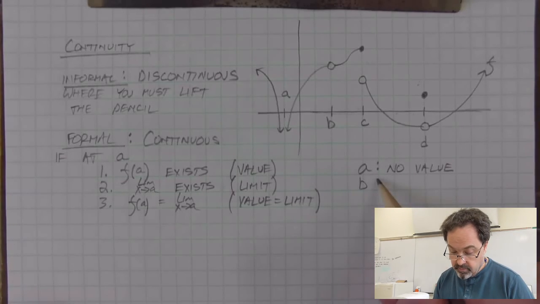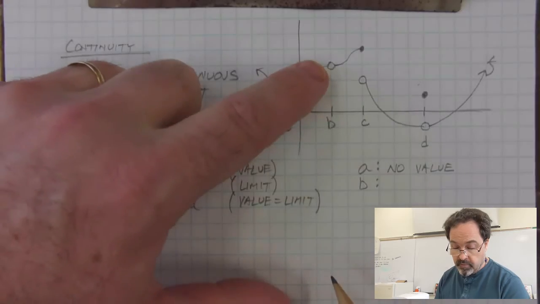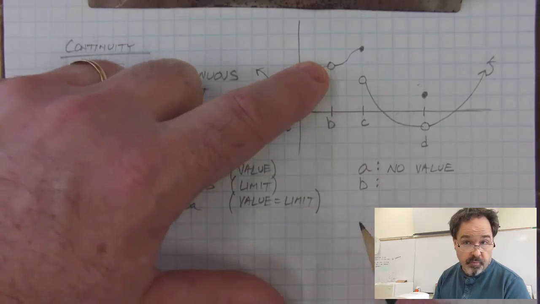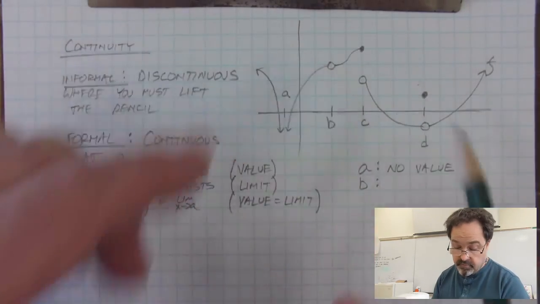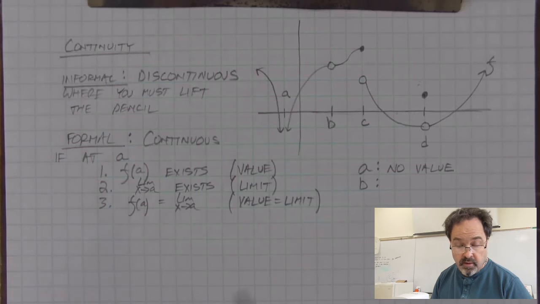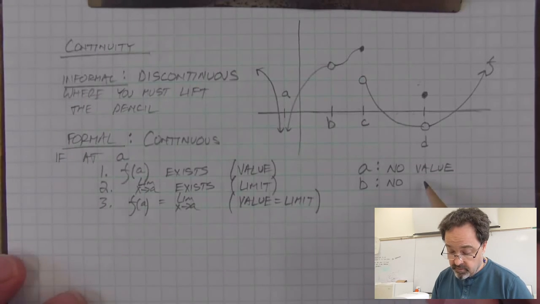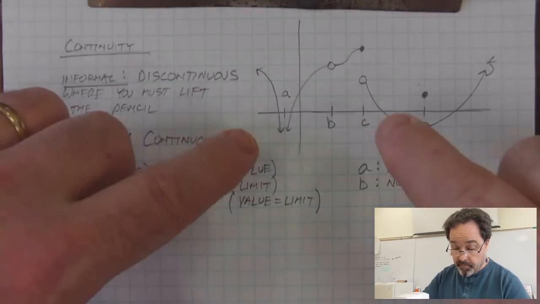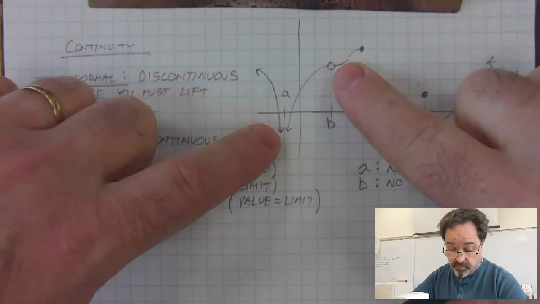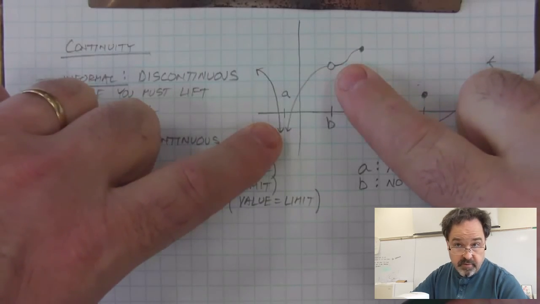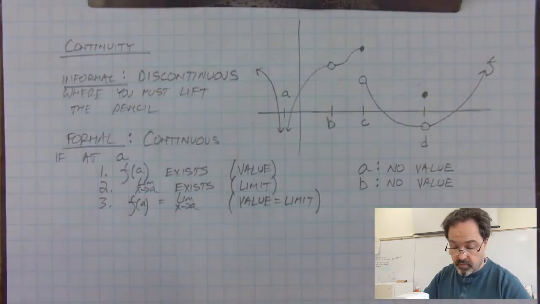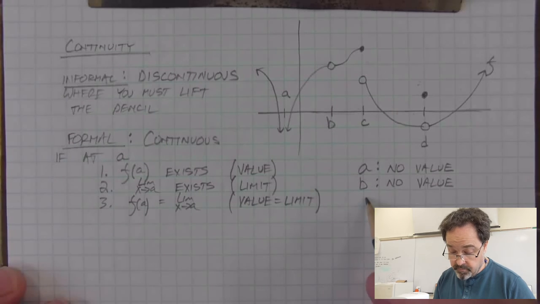At B, we also have no value. There's an open dot. The function is not defined at B. So it's the same reason the function is not continuous at B because there's no value. But the behavior of the function at these two places is different, even though it is not continuous for the same reason.